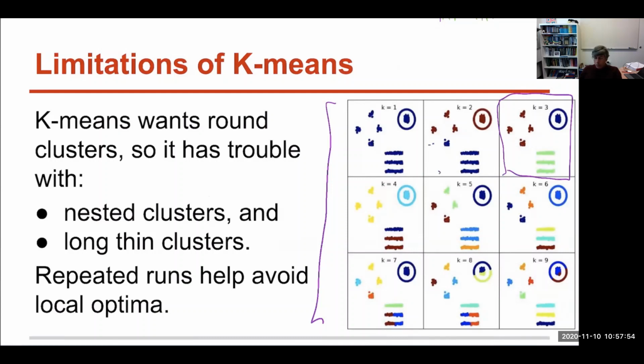For k equals 2, it's not clear how you would partition that, but this got a sign down here, which I didn't really like. For k equals 4, it happens to have divided up one of these.